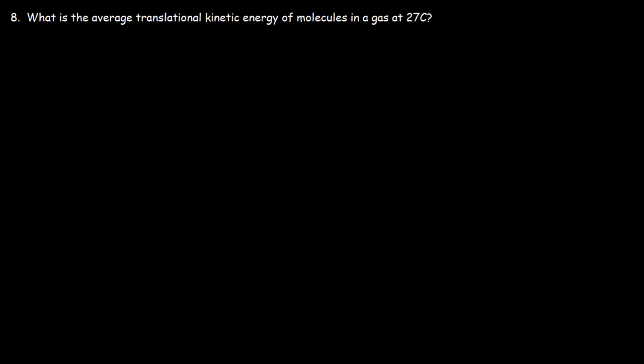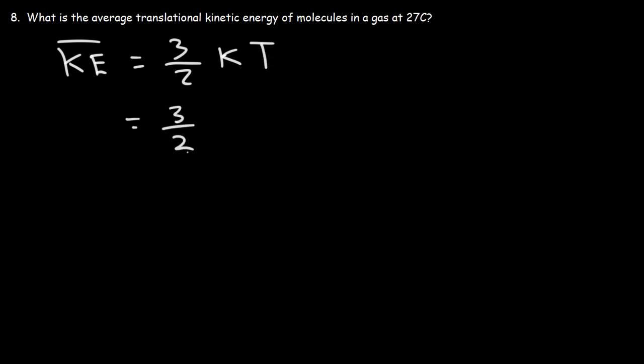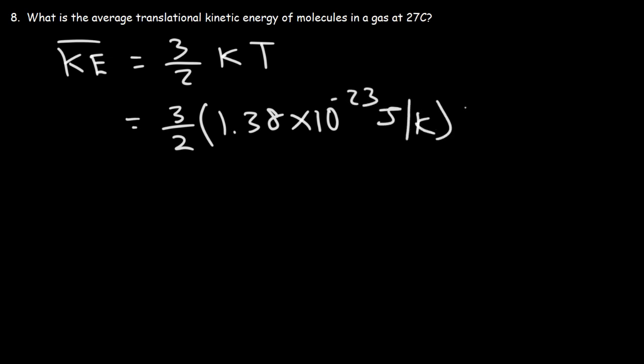Number 8. What is the average translational kinetic energy of molecules in a gas at 27 degrees Celsius? The average translational energy is going to be 3/2 times Boltzmann constant times the temperature in Kelvin. Boltzmann's constant is equal to 1.38 times 10 raised to the negative 23 joules per Kelvin. Now, we need to get the Kelvin temperature.